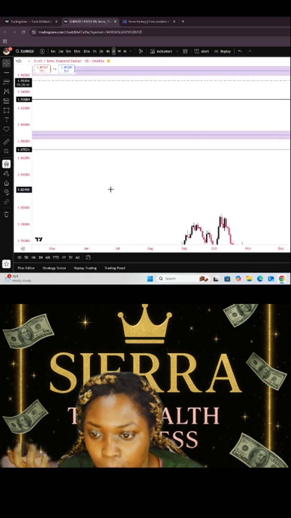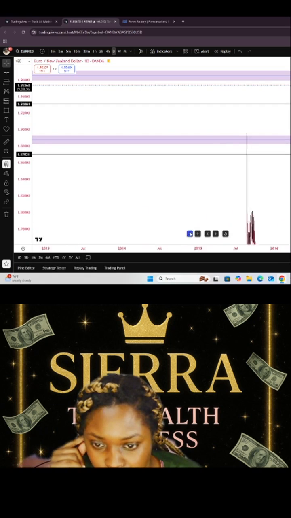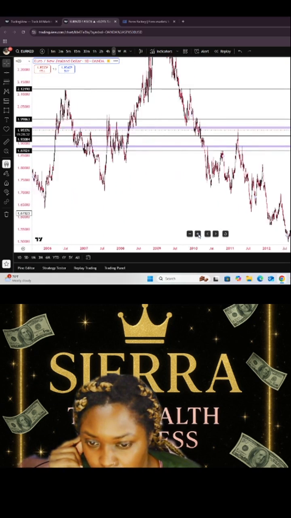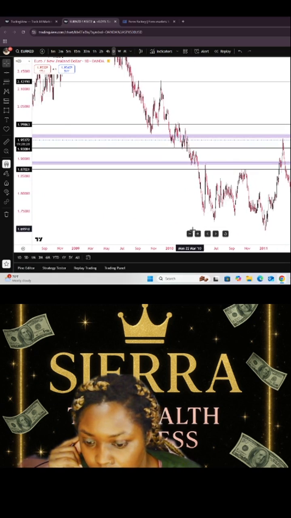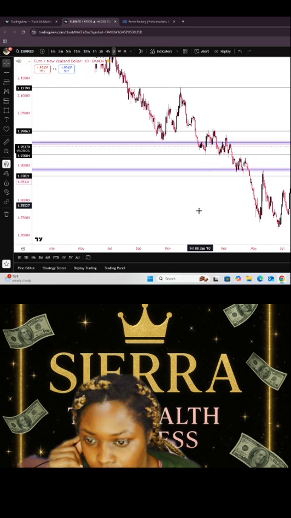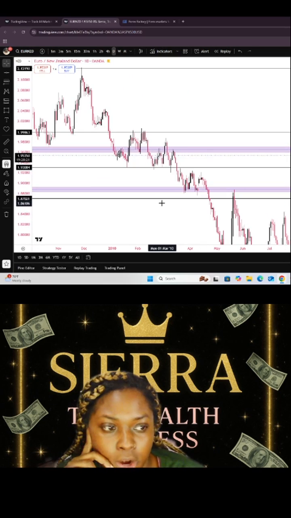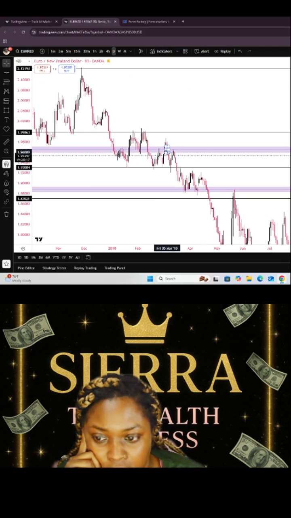Another thing about marking up two zones closer to each other. Hold on. Let's get back to where I was. Okay. Another thing about marking up two zones closer to each other, this zone right here is closer to price than this zone.